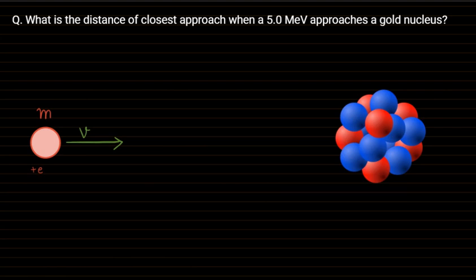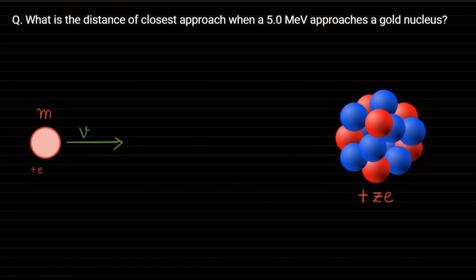Let us suppose there are Z protons in this case. Fine, if there are Z protons, then what will be the total charge? The total charge of this will be Z times e. Sorry, this will be the total charge of the nucleus.